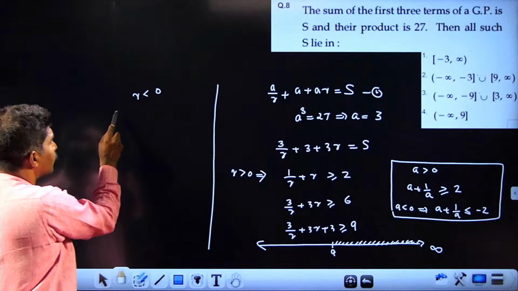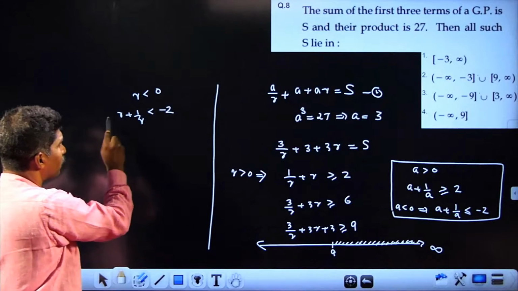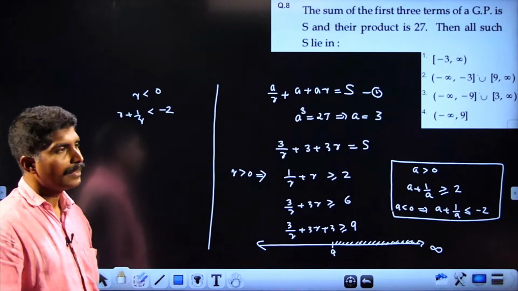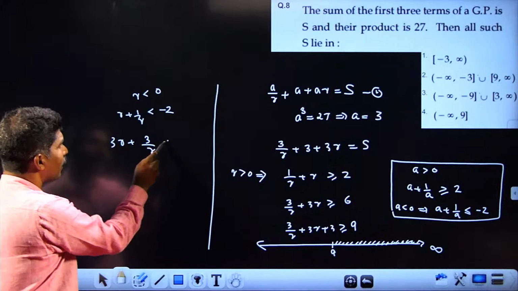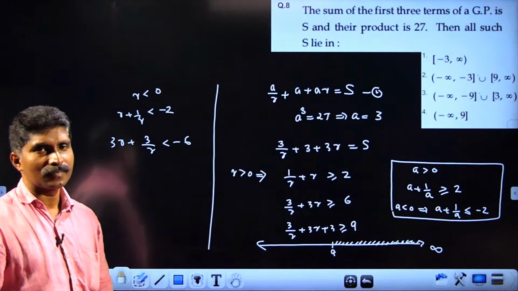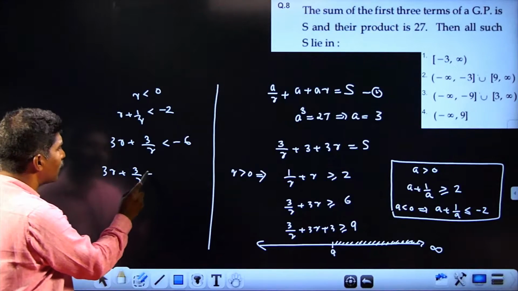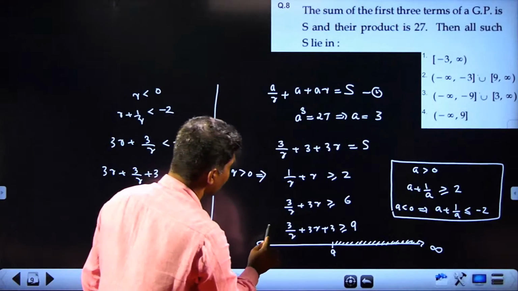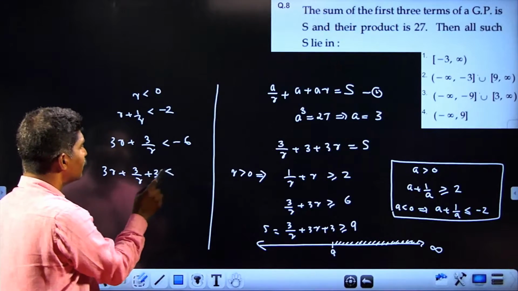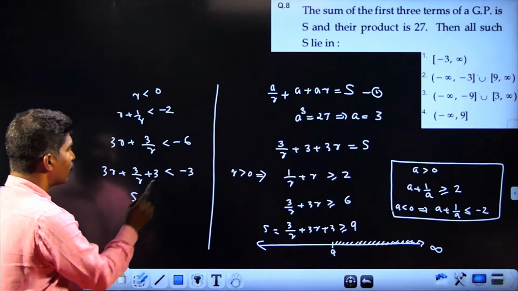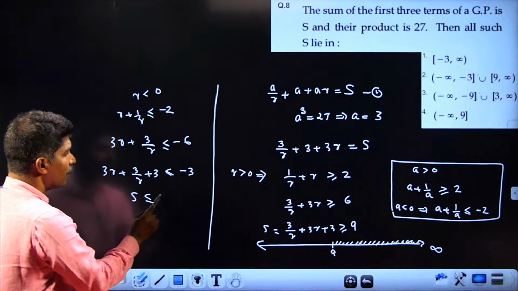Then R plus 1 by R less than minus 2, multiplying by 3, 3R plus 3 by R less than negative 6, adding 3 on both sides, 3R plus 3 by R plus 3, that is our S. This S is greater than or equal to 9 in the first case. Similarly, in this case, this is our S, which is less than or equal to negative 3.